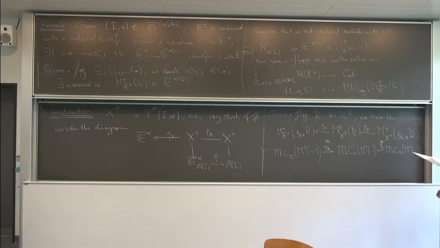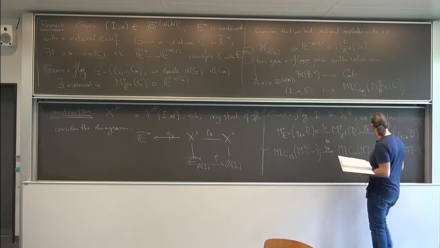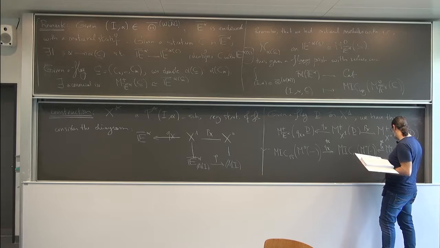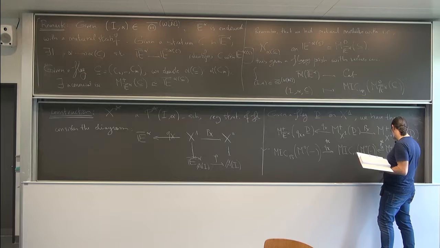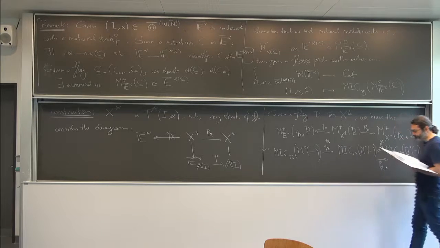So we have these functors. We also have a right adjoint, pX lower star.